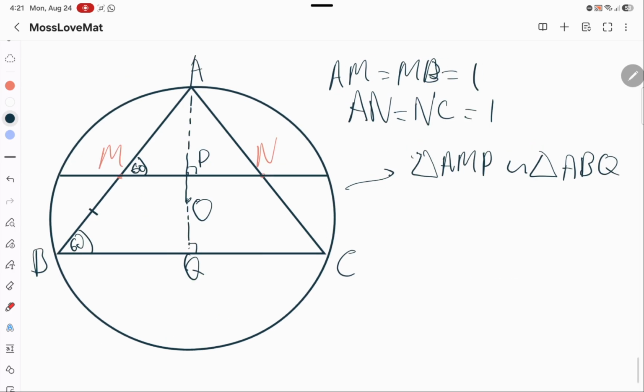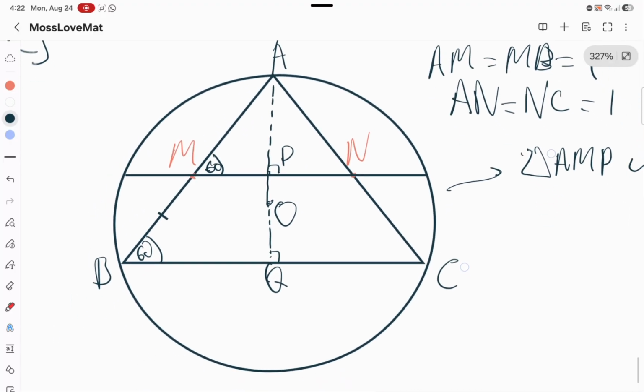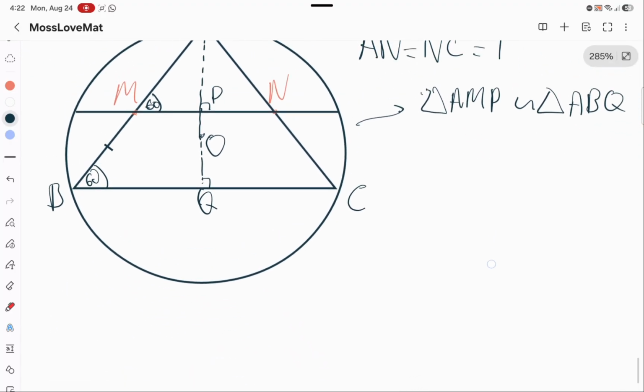Okay, right. So now we can compute AQ and also AP.